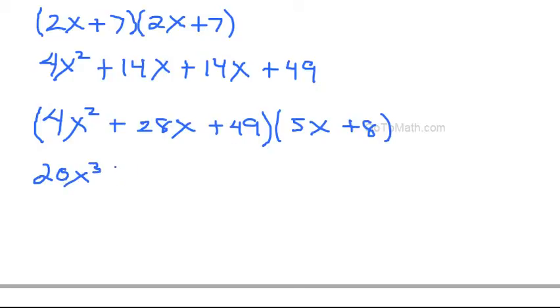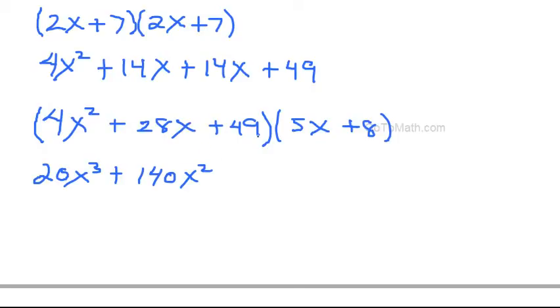And then we have plus, now we'll go to this one here, 28x times 5x. So 28 times 5 is 140, and that's going to be x squared because we have an x times an x.